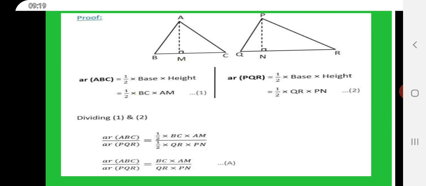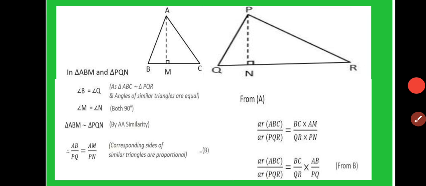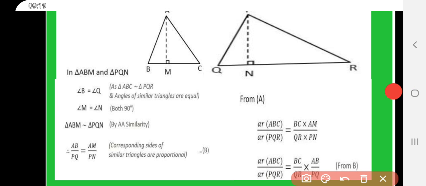So here you see triangle ABM and triangle PQN.